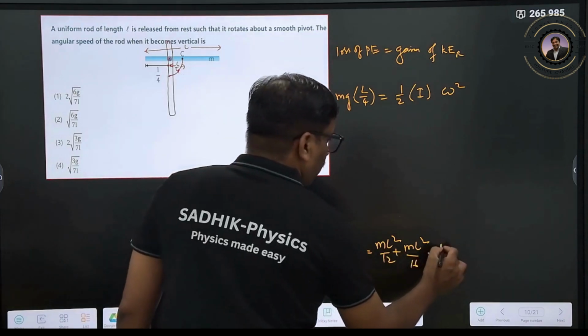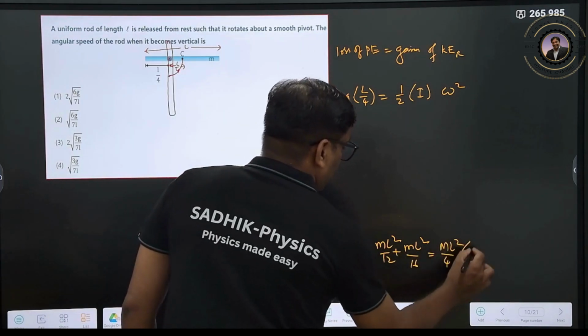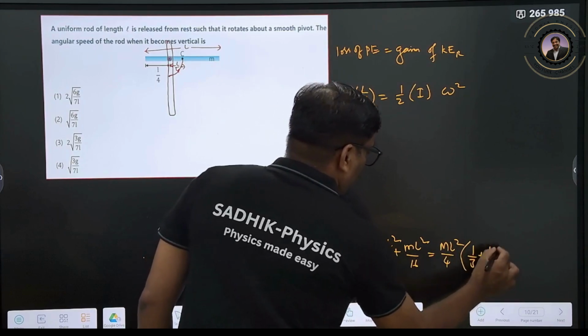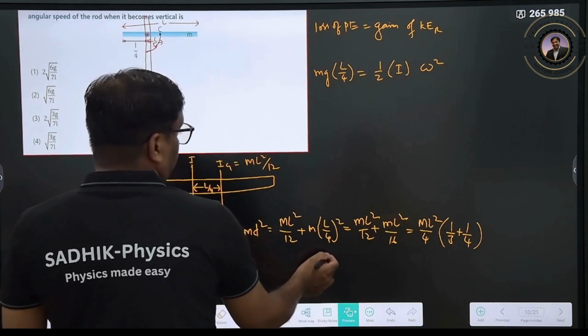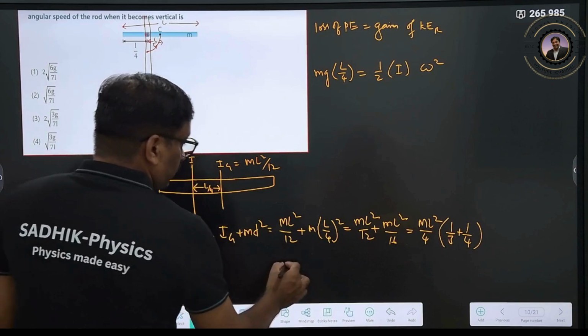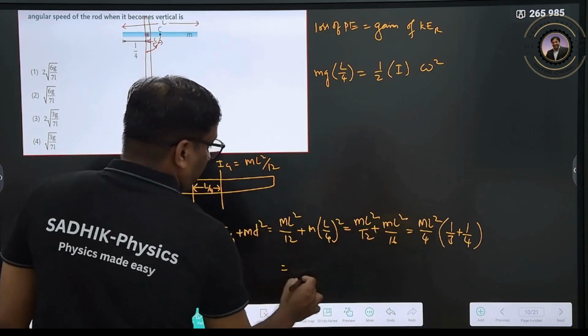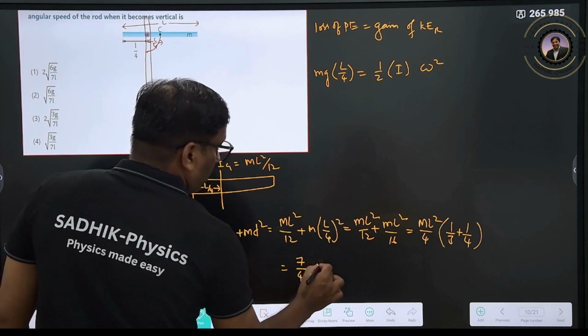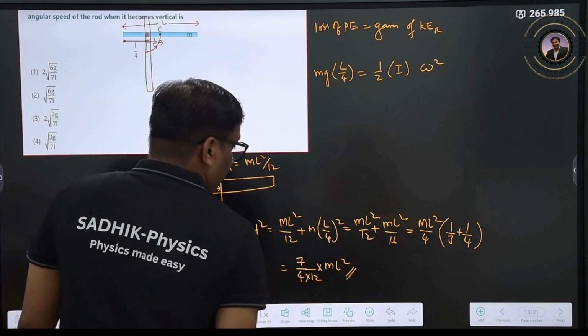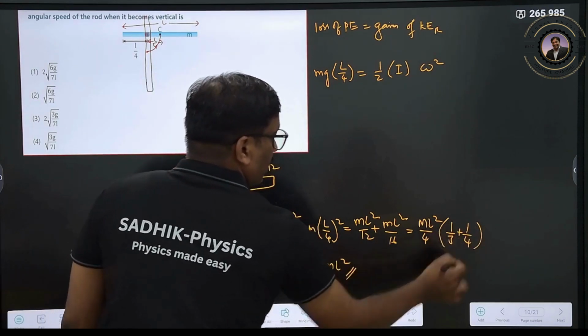You can take ml square by 4 common: 1 by 3 plus 1 by 4. What do you get now? That is 7 by 4 into 12 into ml square. This is multiplication, addition.